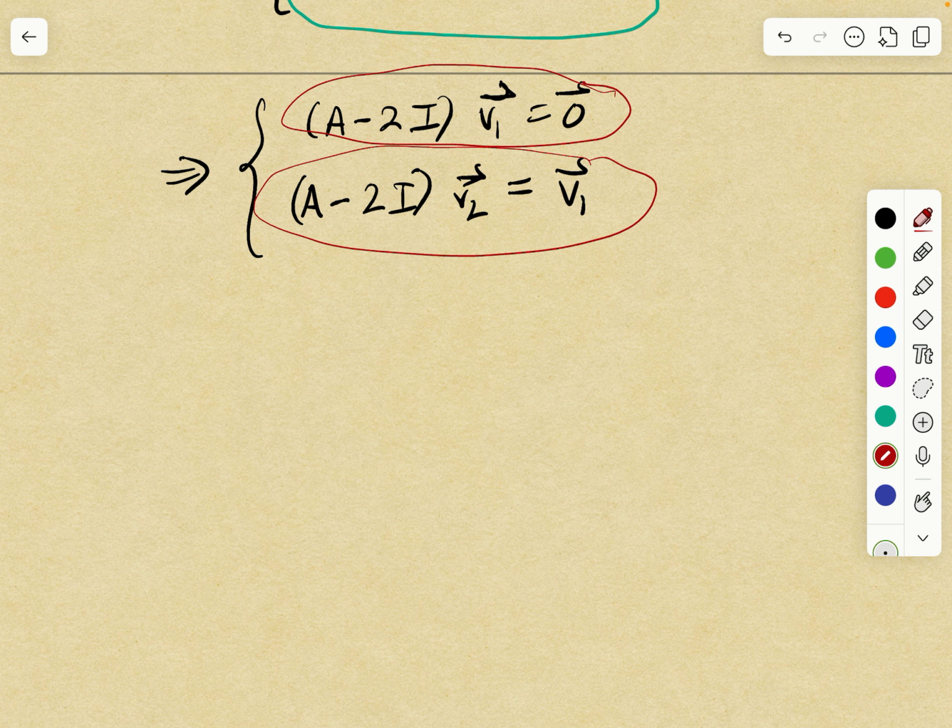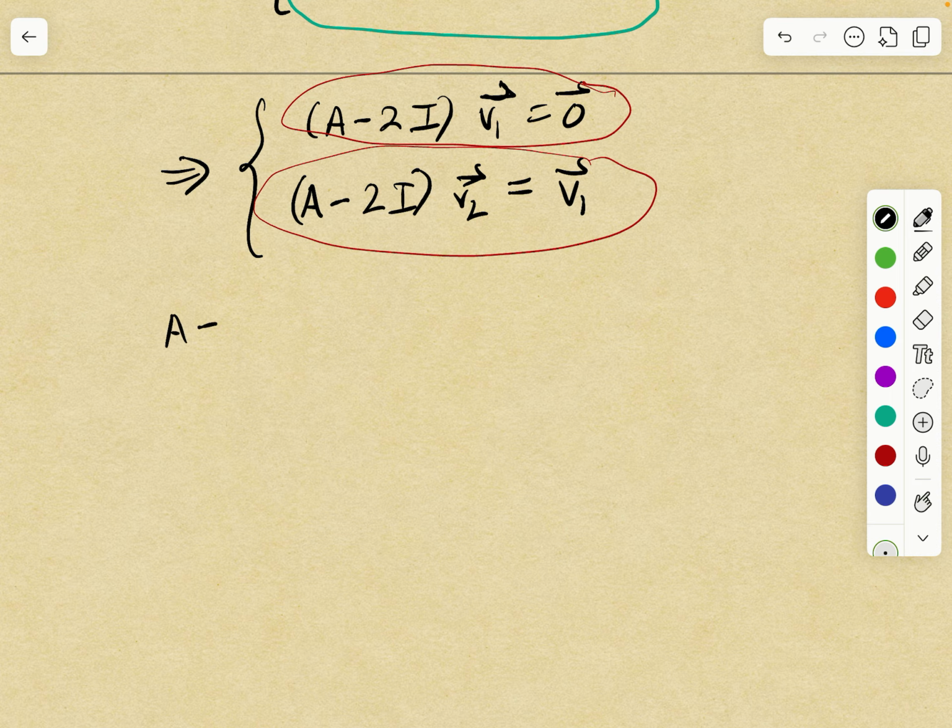But I think in this example, any v1 will get you a v2. That's because this is a fairly simple example. But I'm just saying in general, you might pick v1 and then it turns out there's no v2. But if you pick the right v1, then you will be able to find v2. So anyway, in this example, I don't think something like that would happen.